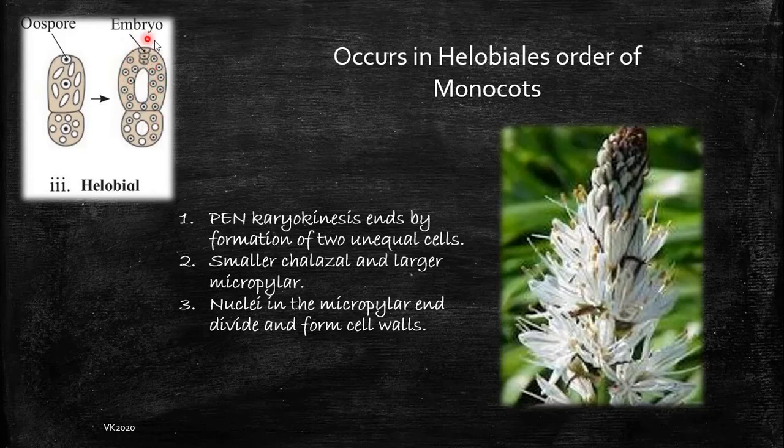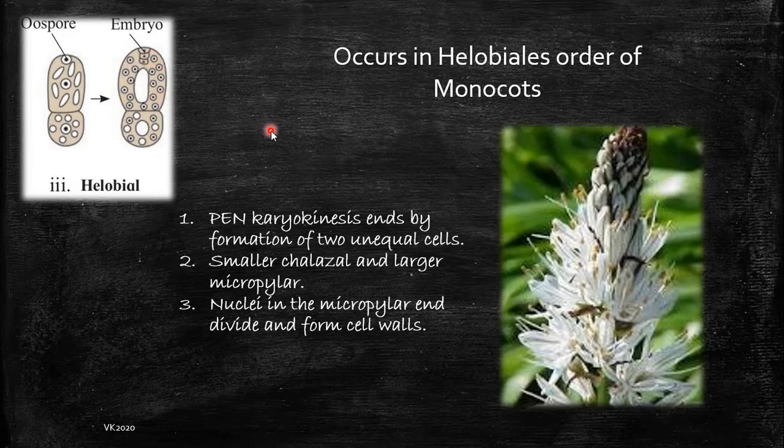So it will become multicellular on one side and it will remain in a free nuclear manner on the other side. So it is a mixture of both nuclear and cellular kinds of endosperm.